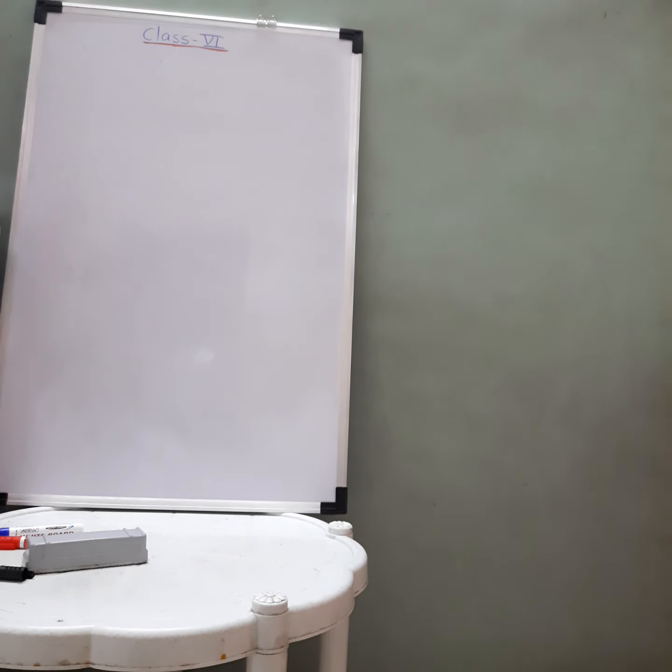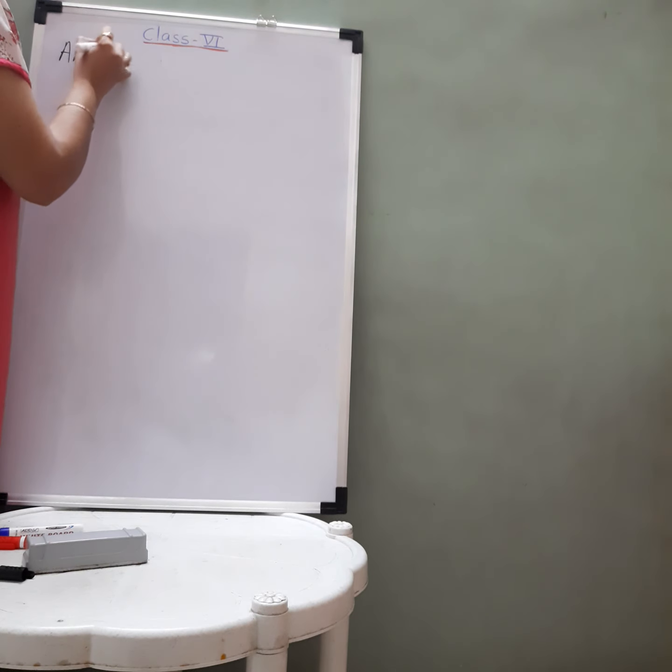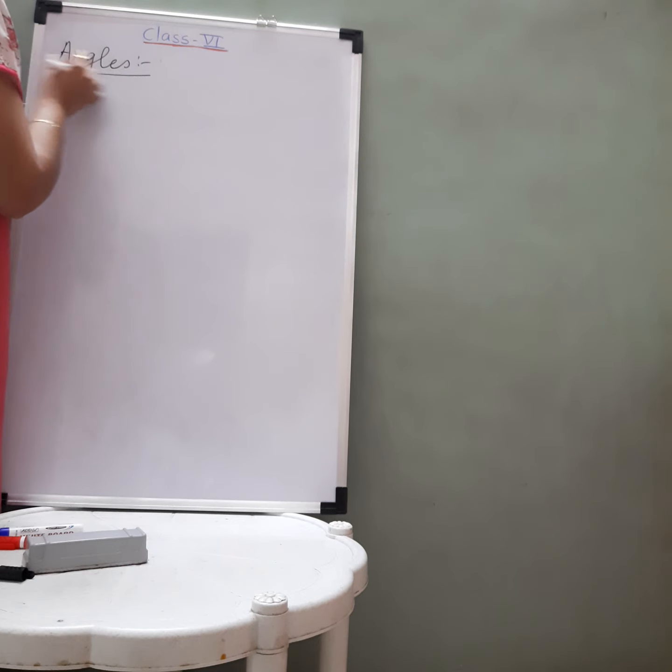Now the next topic is angles. Angle क्या होता है? An angle is made up of two rays starting from a common endpoint.